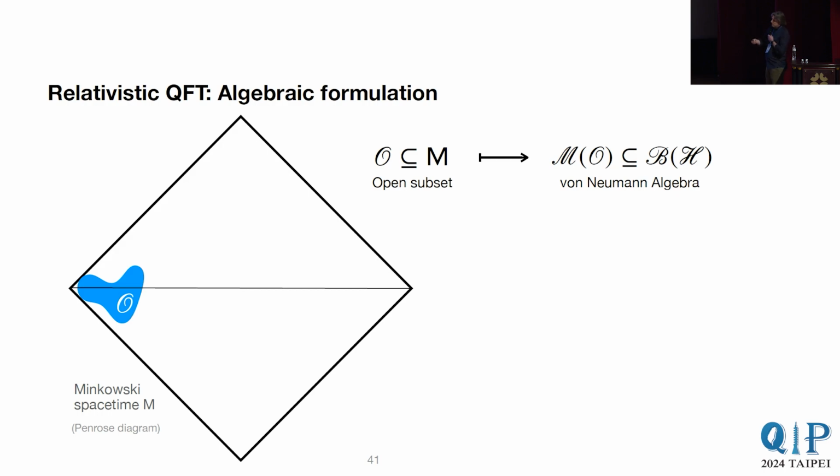Imagine them to be bounded or maybe even unbounded. And to each of those sets, you associate a von Neumann algebra. It should have a net structure, in the sense that when one of these regions is included in a larger one, then the operator algebras are also included into one another.